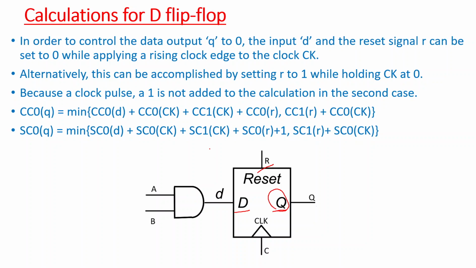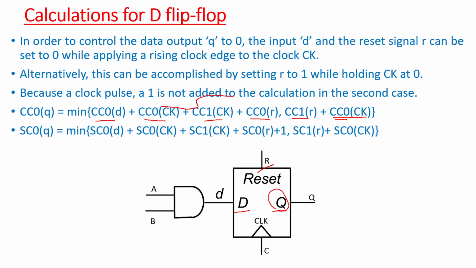So now see this, the combinational controllability of 0 for Q will be equal to the minimum of CC0 of D plus CC0 of clock plus CC1 of clock, meaning a positive edge triggered clock is coming through, plus CC0 of R, meaning we want to keep the reset at 0; or we can keep the reset at 1 and no clock edge should be there.